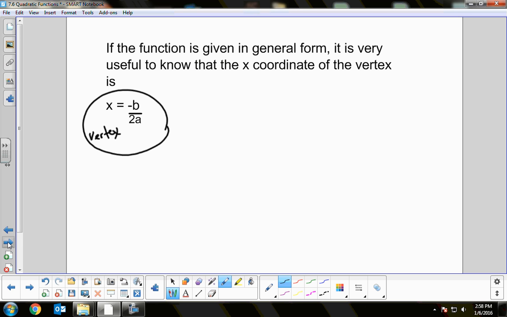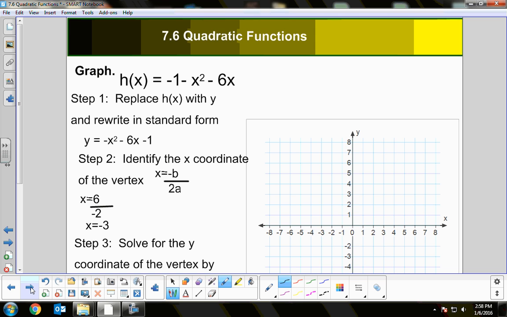Well, what about the y vertex? To find the y vertex, we'll plug that x value into the equation and come up with a y value. Suppose I am given h of x equals negative 1 minus x squared minus 6x. Look, that's not the vertex form.